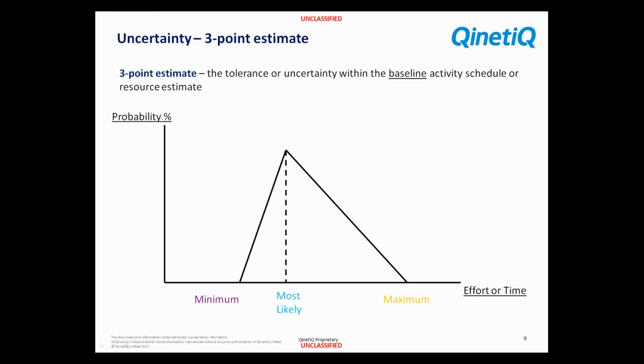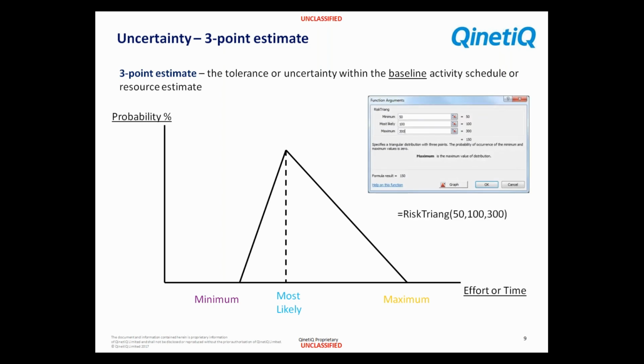What we recognize is that the probability distribution represents the most likely point at the peak with the minimum and maximum on either side crossing the origin, which is zero probability. In @RISK, we can define those as a triangular distribution. It's very easy to do in a spreadsheet.